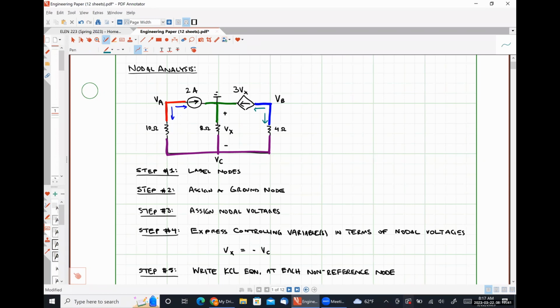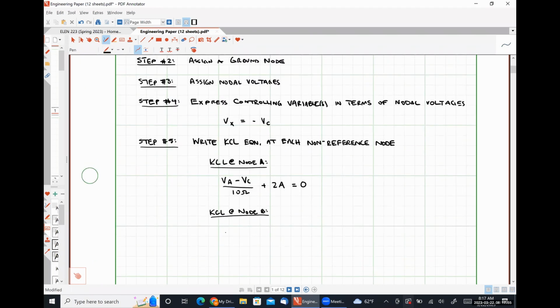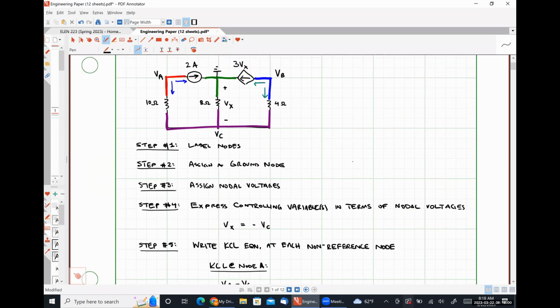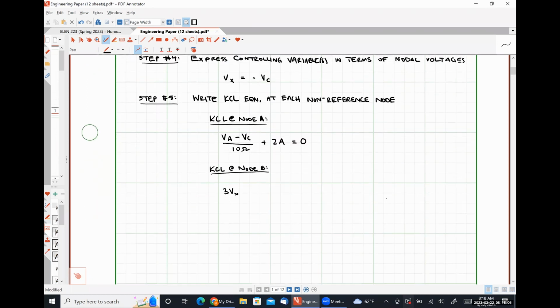What's the current flowing to the left? 3Vx, because the dependent current source tells us it's 3Vx. What's the current flowing down through the 4 ohm resistor? VB minus VC over 4 ohms, absolutely right. Those are the only two currents leaving node B, so I add them together and set it equal to 0.